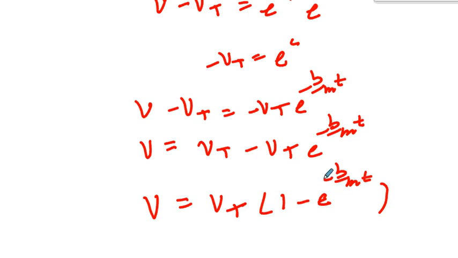Therefore, this becomes 0. 1 minus 0 is 1. And therefore, terminal velocity is our velocity value after a long time or close to infinity. So the validity of this equation is verified. At time equals 0, velocity equals 0. Time equals very long, we are now at terminal velocity. And that's our equation for the day.